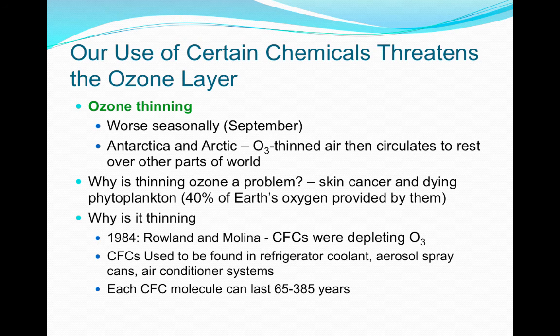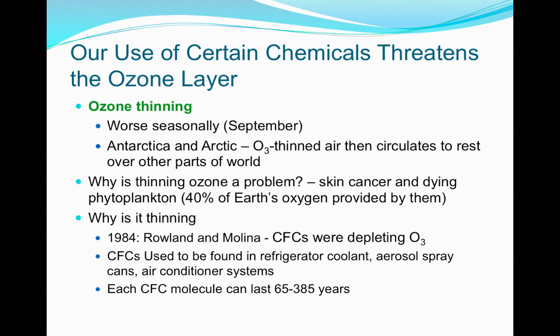Give examples of products that contain this class of chemical: refrigerants like Freon, fire extinguishers, propellants, and aerosols like hairspray. These things really don't contain CFCs since the mid-'80s when we realized, oh, we're doing this to ourselves.